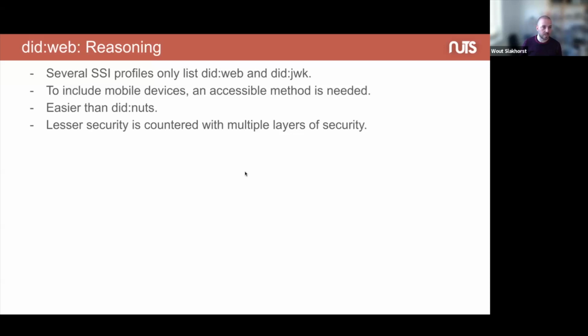So the question would be, is it still secure enough? Well, it's still on par with all the other things like using certificates or using JSON Web Key sets. And in the entire design for Nuts, we depend on multiple layers of security. So a user-based wallet has to be used on top of, for example, an organization wallet alone. So multiple layers of security should counter any problems with the DID Web method.